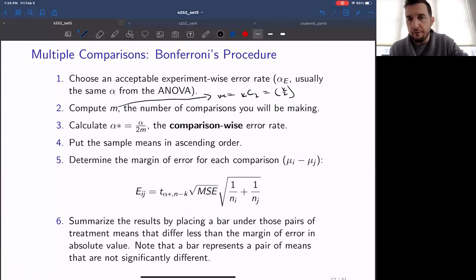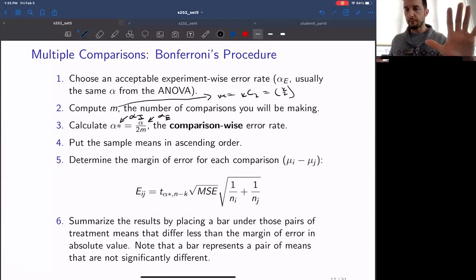To calculate the alpha subscript I, which is what this alpha star is here, you take alpha subscript E and divide that by 2 times m. Again, it's a very simple idea for controlling overall type 1 error. We declare our experiment-wise error rate, which is the significance level from the ANOVA.